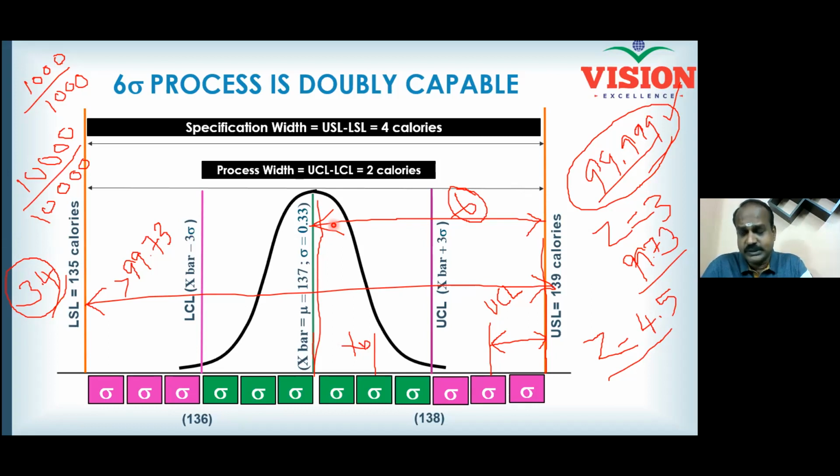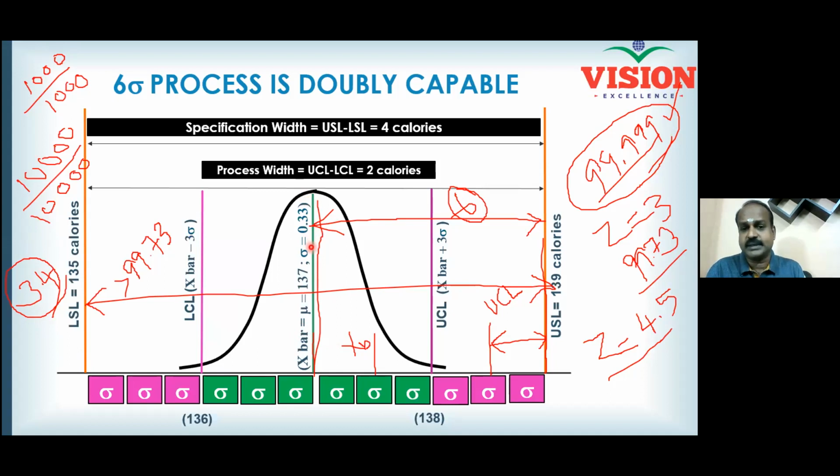These are real-time solutions, but when you really work in the right way, your standard deviation will come down. Earlier the standard deviation was 0.66, now it has become 0.33. Since your center was at the right place, complexity is not much. If the center is also a problem and you have to move the center, it is more complex, but here the center is already at the target, and the only problem is that the standard deviation is not sufficient.